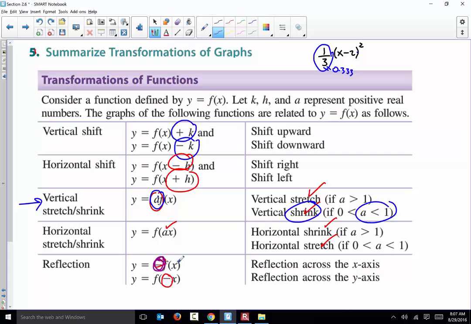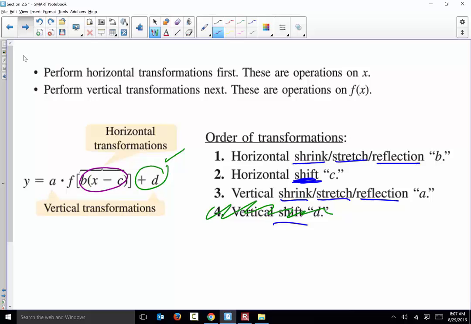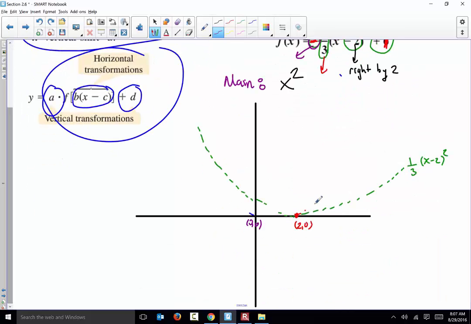Yes, negative in front is a reflection along the x-axis. So we are going to make this upside down. Same width, same height. Nothing changes on the graph, but it just becomes upside down. Now it has a negative. Okay?